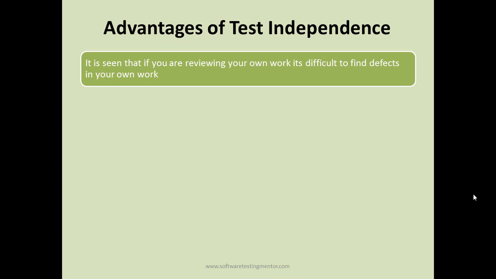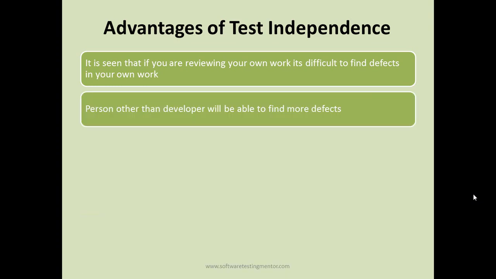If they doubt something, they'll question it. But if you have developed something, it's difficult to find defects in your own work. So a person other than the developer will be able to find more defects.